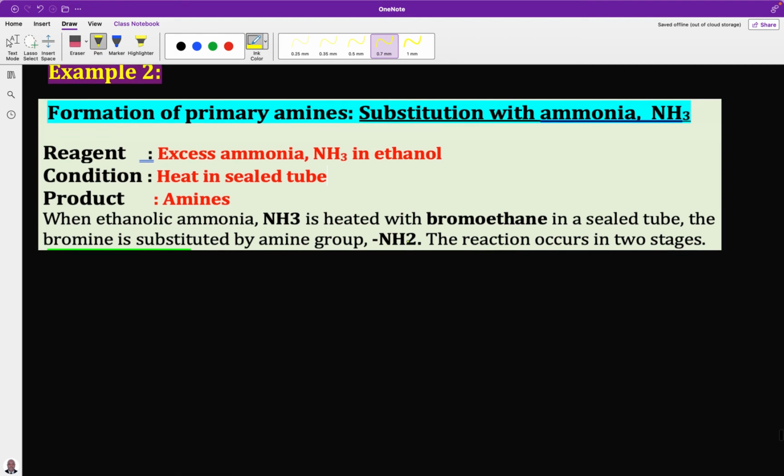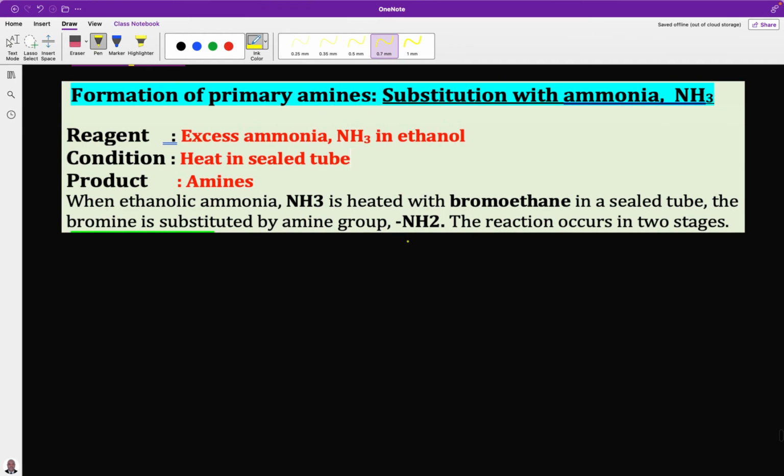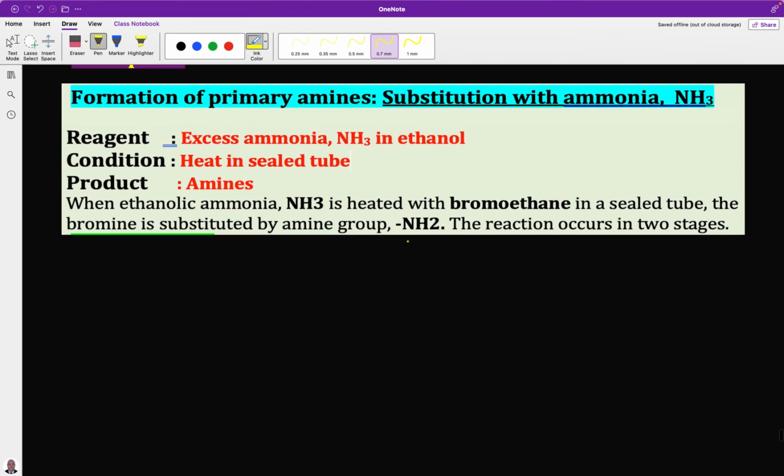Even though bromoethane is a primary halogenoalkane, it goes through two stages. The first step is the formation of a salt, and the second step is the formation of the amine.